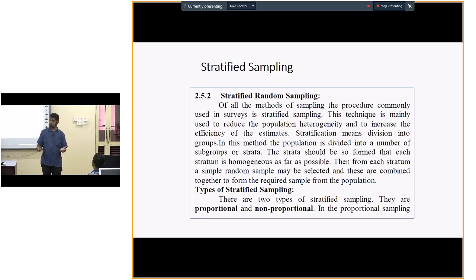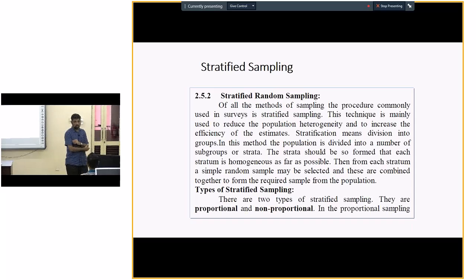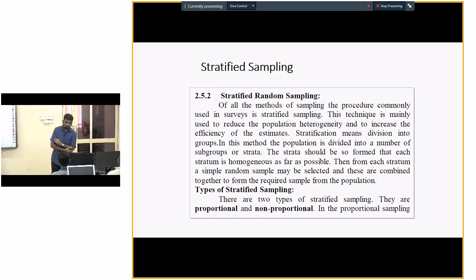For example, if I use a random number table, I need to select two, and it should be representative. But if I select only female, or only male, then it is a biased sample. That is the main issue of the random sampling method. But we can use stratified random sampling to solve that problem, right?